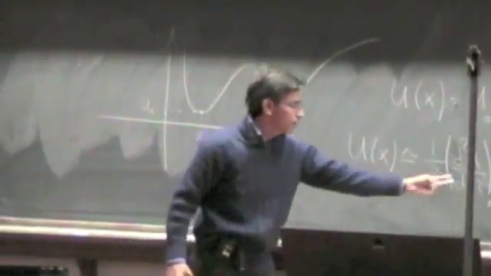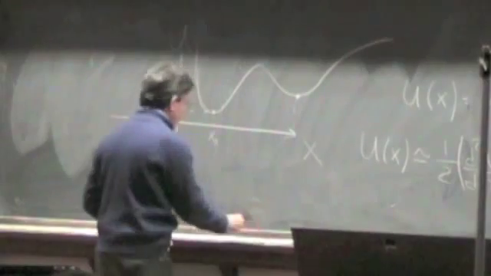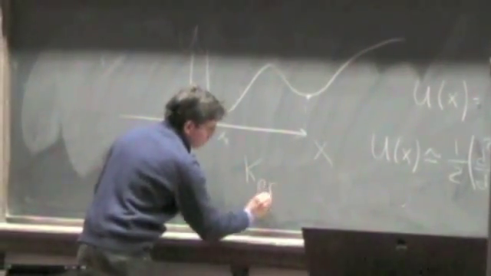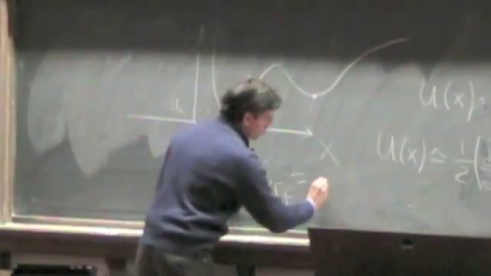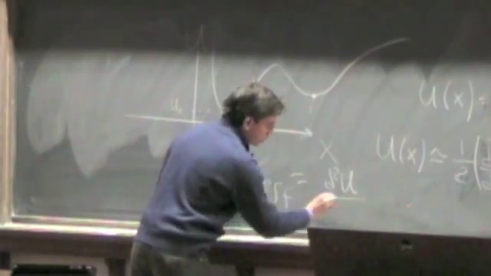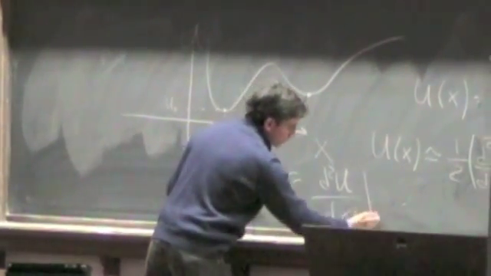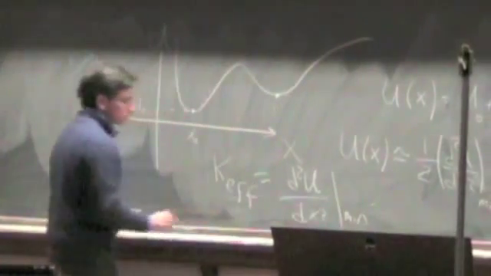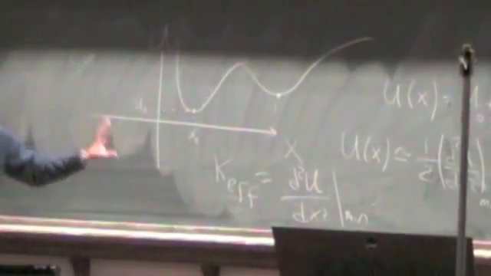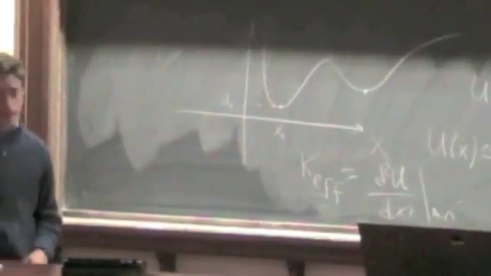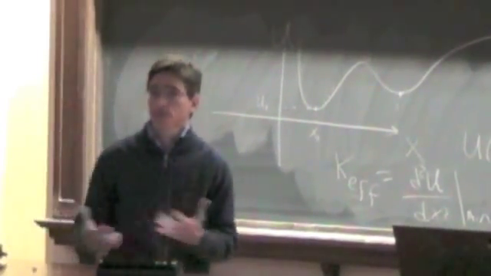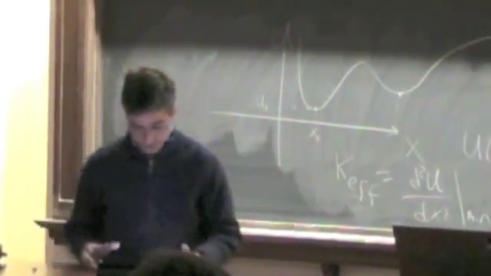This is 1/2, and your effective K for that motion, your K effective, will be the second derivative of the potential energy function evaluated at the minimum point. Okay? This is just to explain why this is so broadly applicable to oscillatory motion in general.